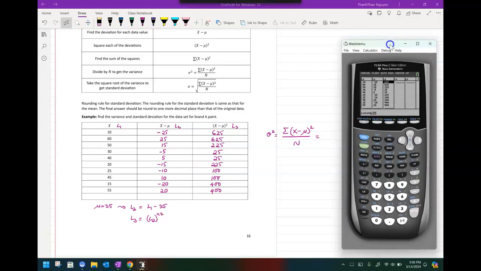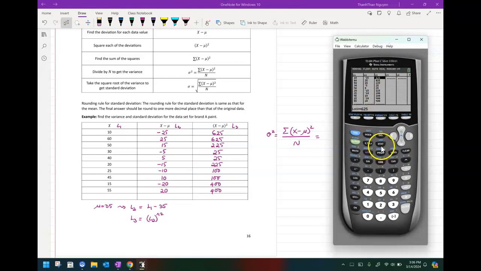I can get out of here, go stat, and calculate list 3. So the sum is 2,750.